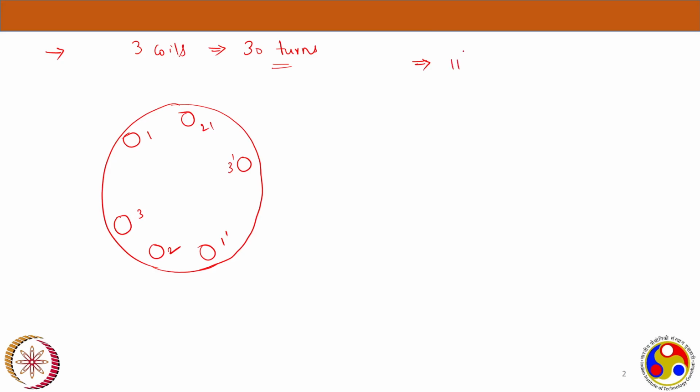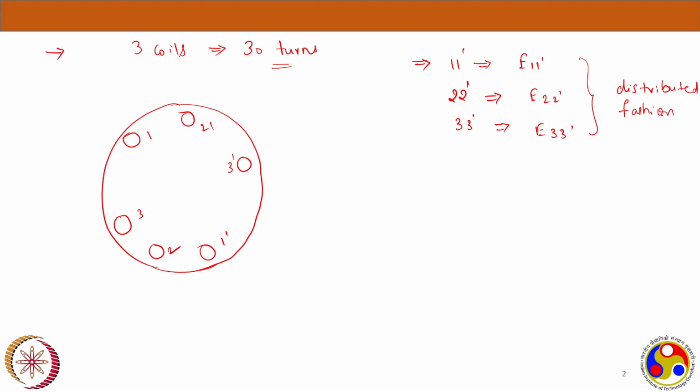One dash will correspond to some voltage, I'm calling it E11 dash, and two dash will correspond to E22 dash, and three dash will result in E33 dash. This is how I placed these coils in a distributed fashion.